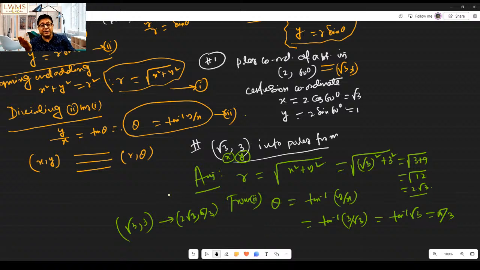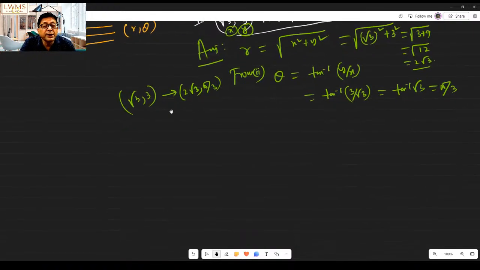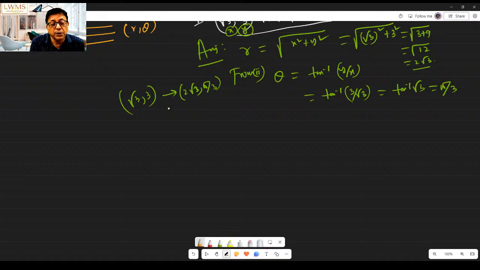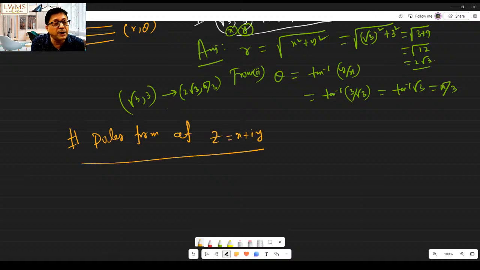So when we talk about the polar form of a complex number, we are going to discuss the polar form of z equal to x plus iy.